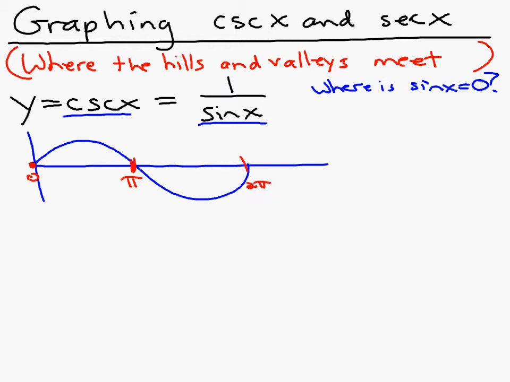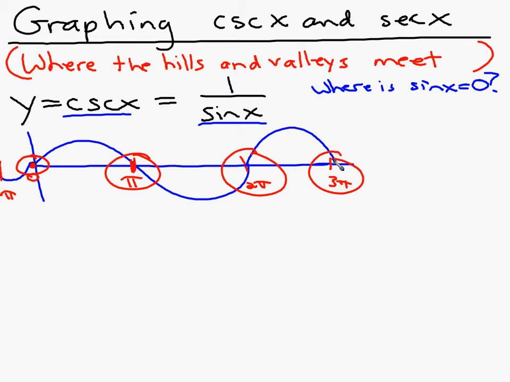If I kept going with my graph, it would be equal to 0 at 3 pi. And if I came over to the left, I'm kind of out of room, but there would be another place over here at negative pi. Every one of those places, sine is equal to 0.